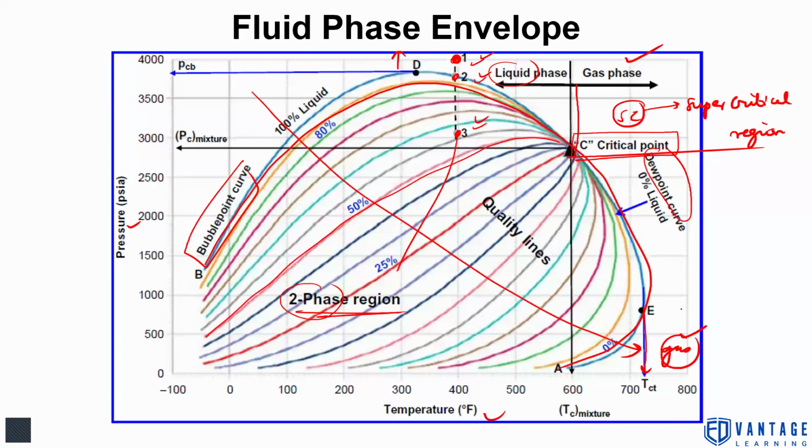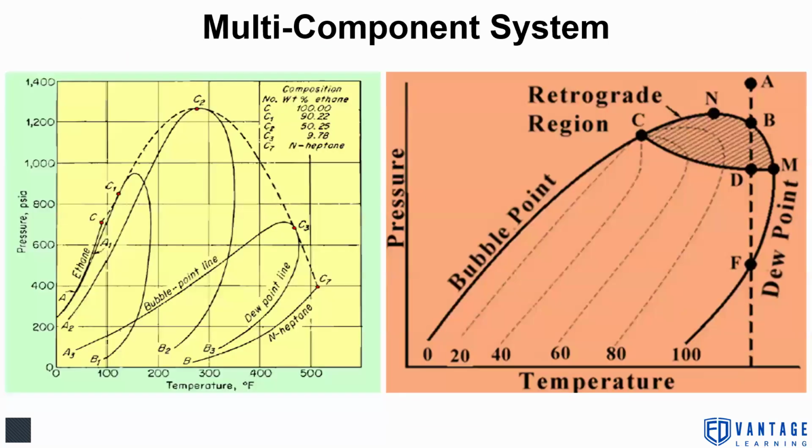Okay, quite simple. So in a multi-component system, if we need to talk about a certain example from reservoir, it is the retrograde gas condensate reservoir. So you can see in a multi-component system, depending on the carbon numbers, your fluid phase envelopes always shift.